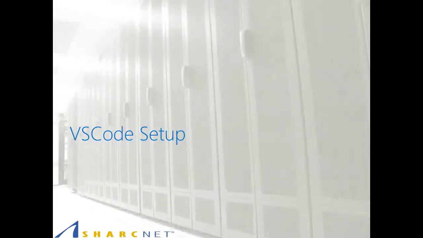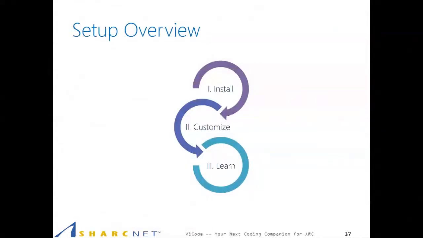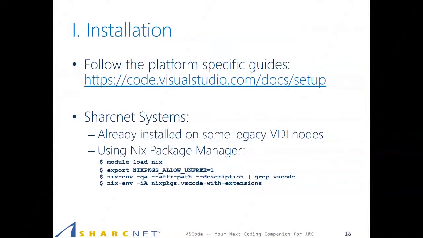But how can you access Visual Studio Code or run it, both on your computer and in the environment? The setup overview is: first install the software, then customize, and then learn to use the available features. For the installation, you can usually start with a setup page.